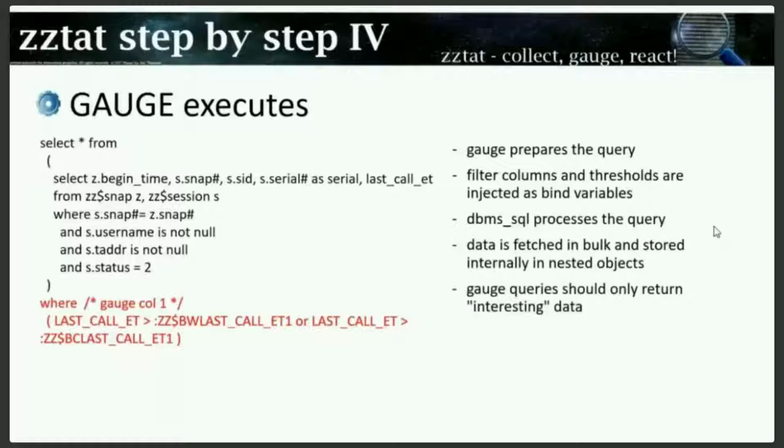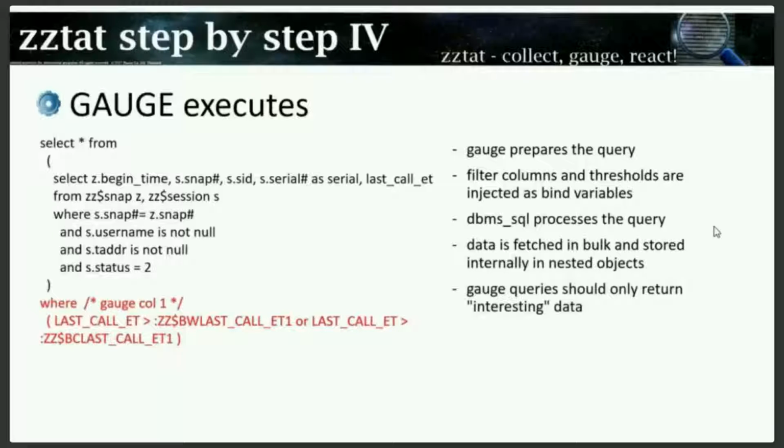So the way that the gauge prepares the query is that it renders the conditions that we can define in our UI or using our API right into the query, and it then processes that query using DBMS SQL. Now this opens a whole lot of doors for us, in that we don't need to do any slow by slow or row by row processing with all these data points.